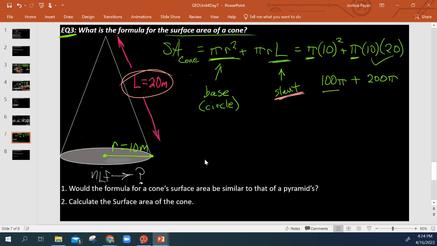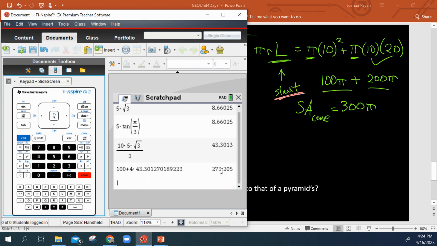And then we can combine like terms. So this is 300 pi is going to be our surface area for this cone. And of course, if you don't want to be fancy like me, I'll show you both ways. But we can say 300 pi is going to give us our answer.